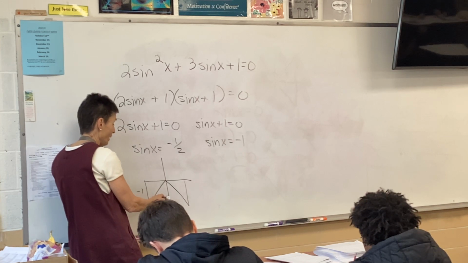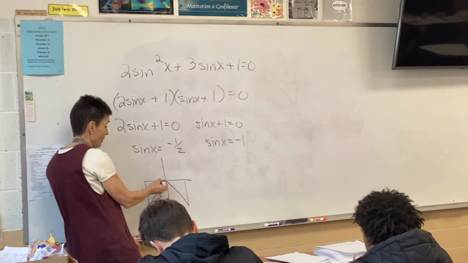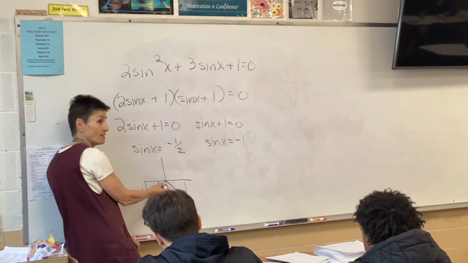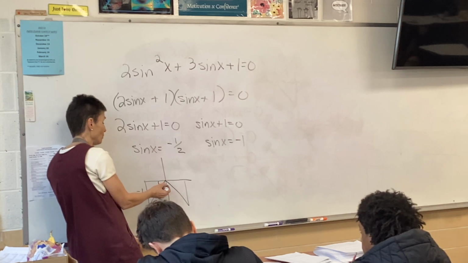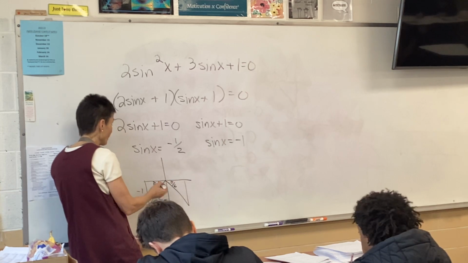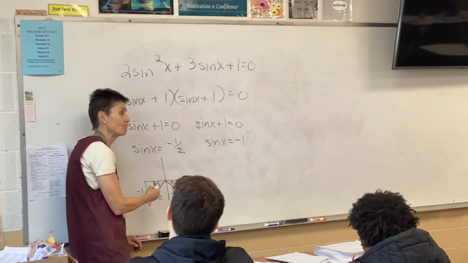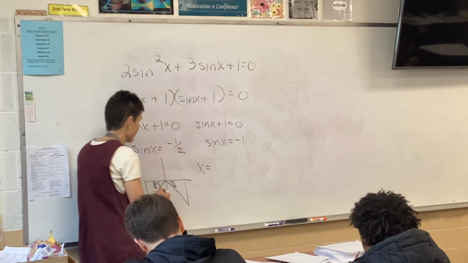Opposite over hypotenuse. That's a 30 angle, right? A 30-degree angle. But I'm in radians, so 30 would be pi over 6. They're both the same. They're going to match every time. Pi over 6 is not an answer, though.